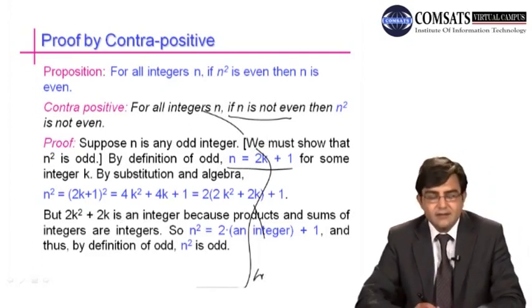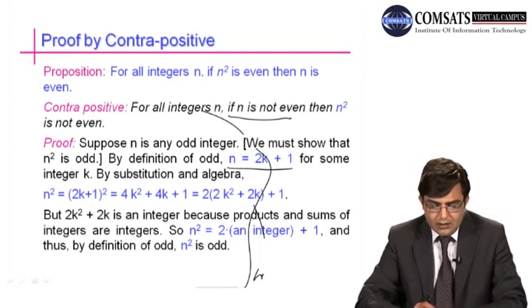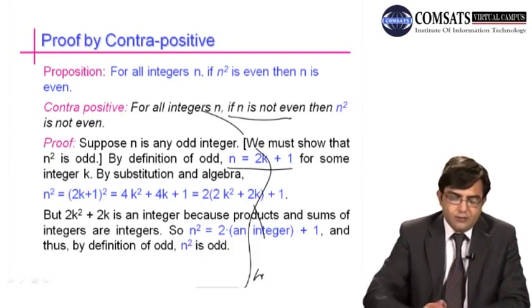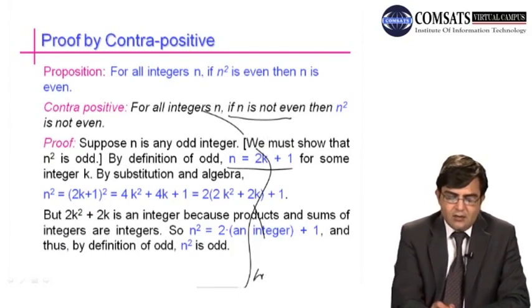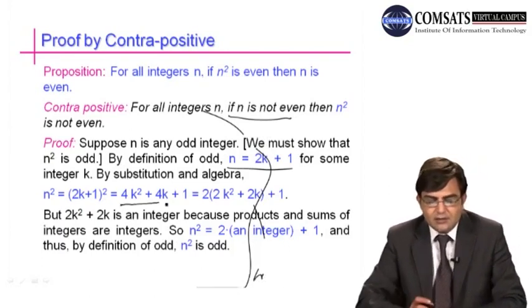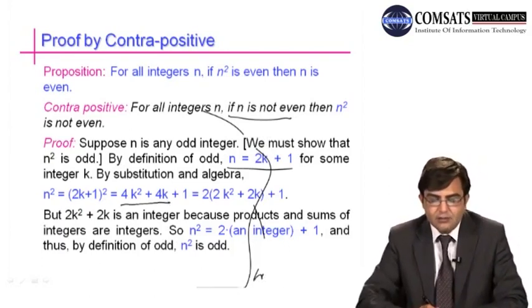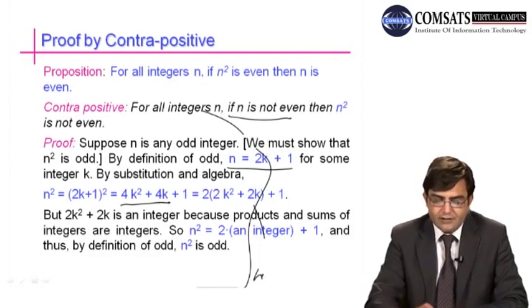We open up the square, a plus b whole square, which is a square plus b square plus 2ab. So we have obtained 4k square plus 4k plus 1. From the first two terms we take 2 as common, and we can write 2 into 2k square plus 2k, plus 1.